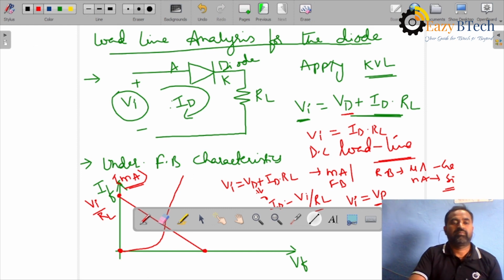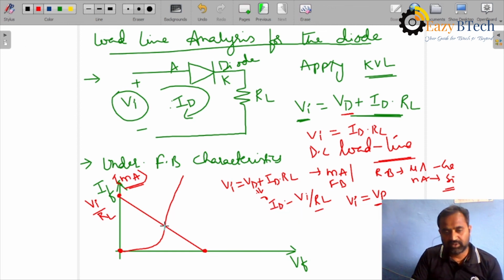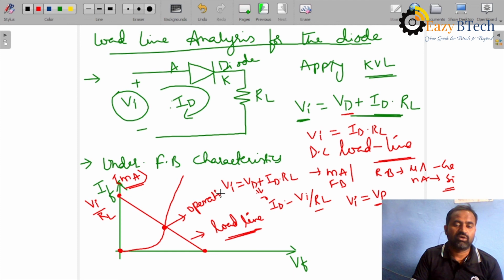This line is called the load line. This point, where the load line meets the characteristic, is known as the operating point or Q point.